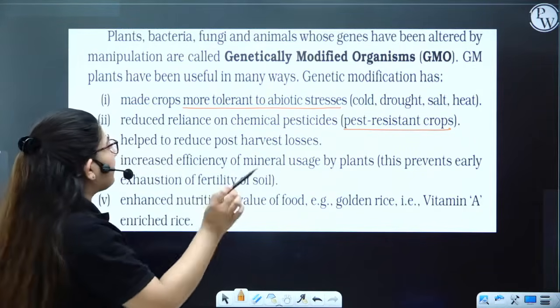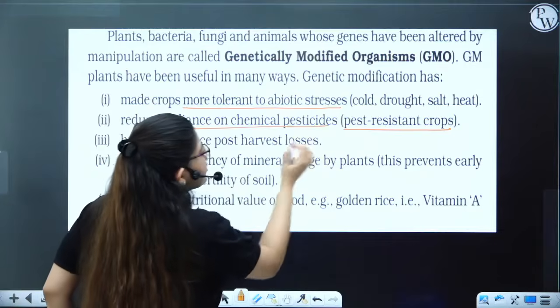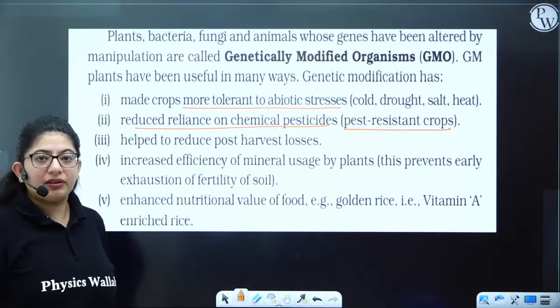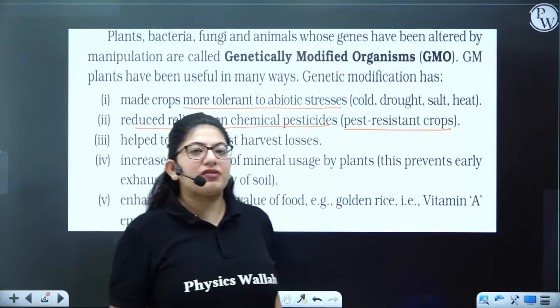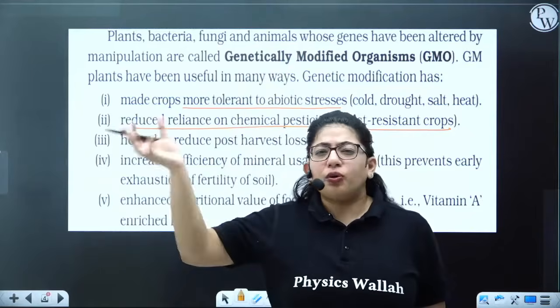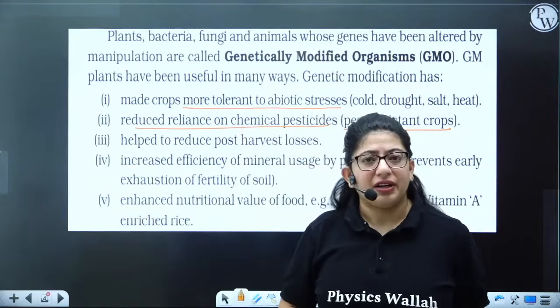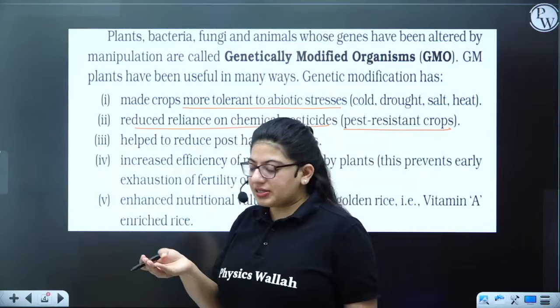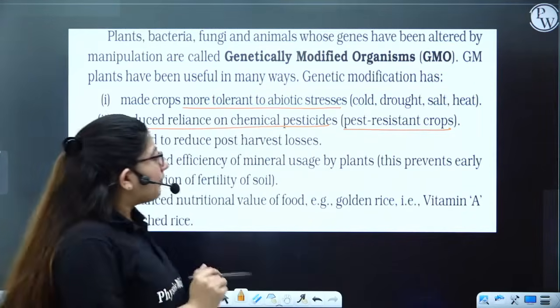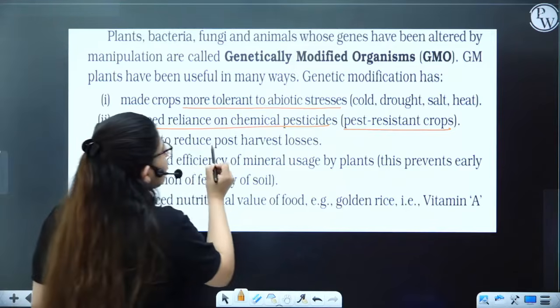By that, there is less dependence on the agrochemicals that we were adding, right? If I made the plant itself resistant to the pest, the plant can protect itself. You don't need to spray a lot of insecticide. So it saves money, it saves time, and it saves the environment and your body, right? Then it helps to reduce post harvest loss.